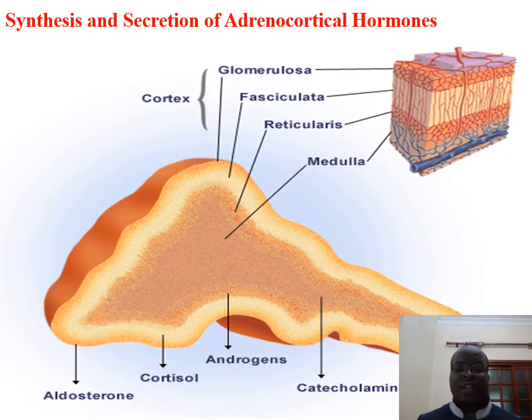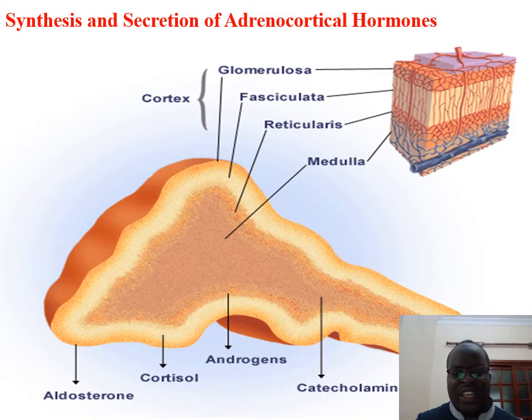This is a cross section of the adrenal gland. At the center you have the adrenal medulla, then the cortex, divided into zona glomerulosa, zona fasciculata, and zona reticularis. From this diagram you can appreciate that the zona glomerulosa produces a lot of aldosterone.